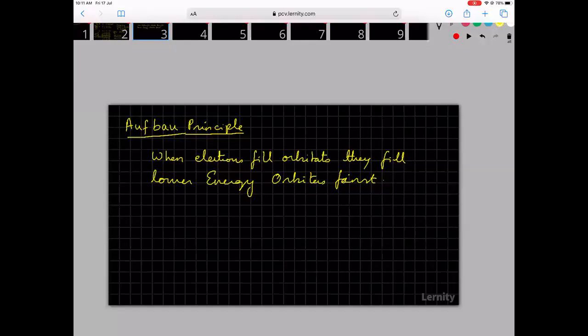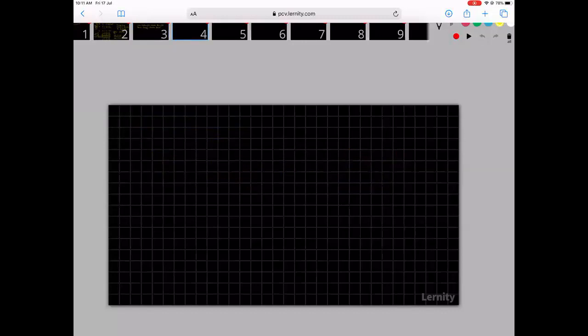So that subshell which has the minimum energy gets the first electron. So in this context, if n is equal to 1, I have only the S. Then I have S and P, then S, P and D, then S, P, D and F, then S, P, D, F and G, and so on.